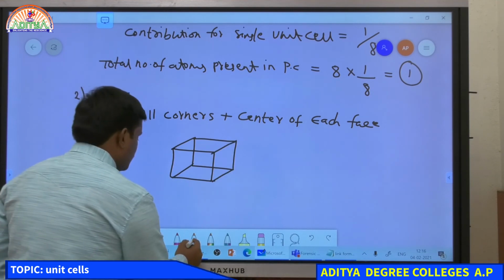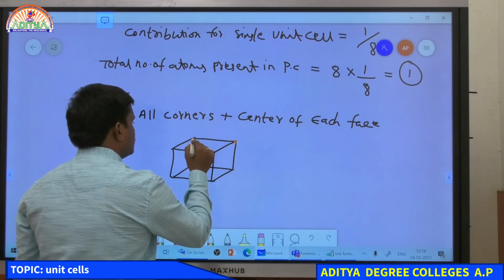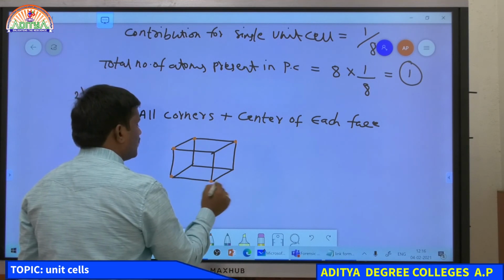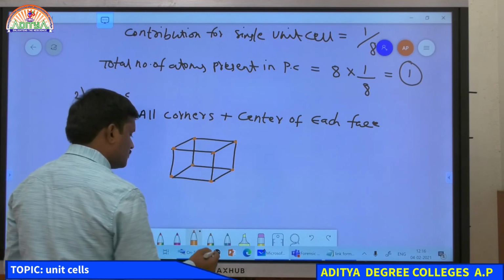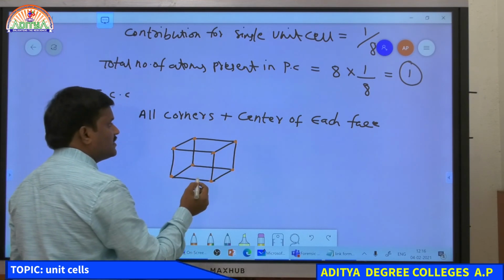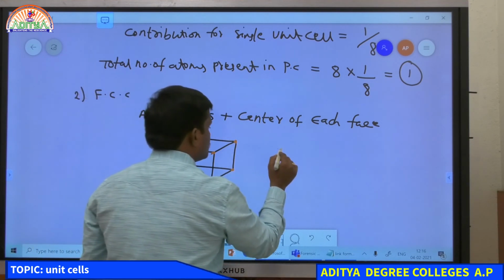Here the atoms are arranged at all corners. So totally 8 corners, and these are the points arranged at the 8 corners. And also the points are arranged at the center of each face. So how many faces are there?